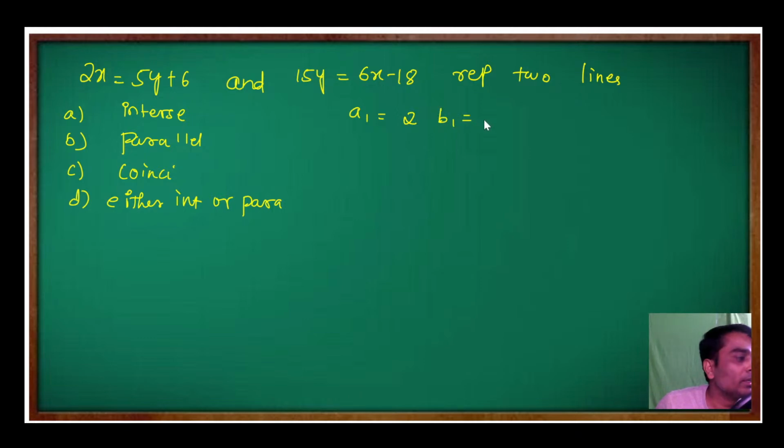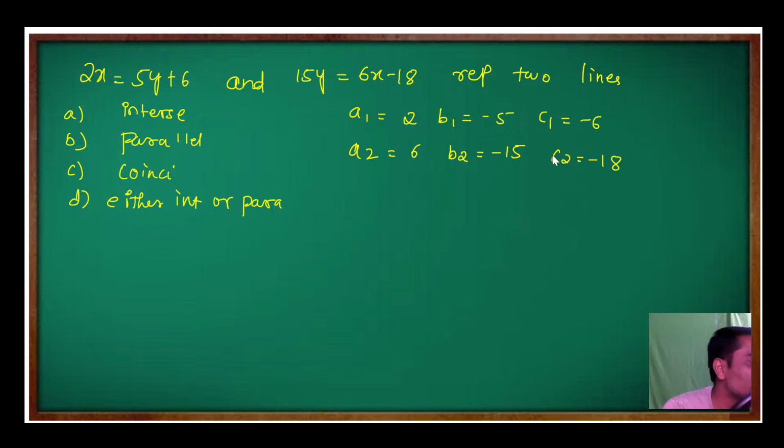What is my b1? Minus 5. What is my c1? Minus 6. What is my a2? 6. What is my b2? Minus 15. What is my c2? Minus 18. First get a1, b1, c1, a2, b2, c2.